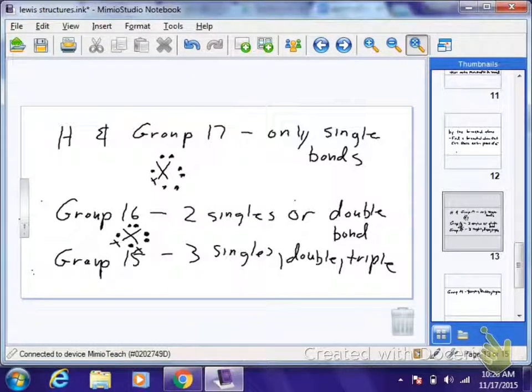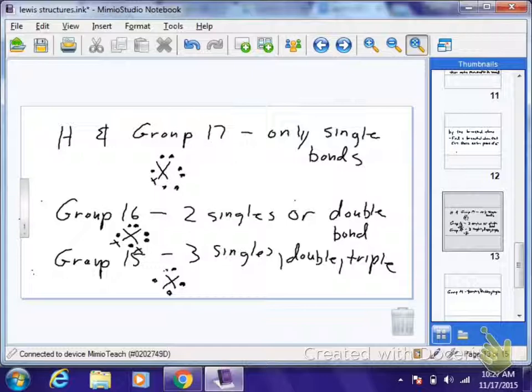So group 16 can form a double bond. Group 15 can form a double and a triple, so it can share in 3 spots. If I would show a symbol like phosphorus and nitrogen, it has 3 places that it can share extra.